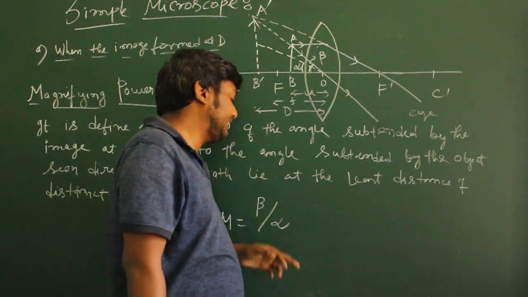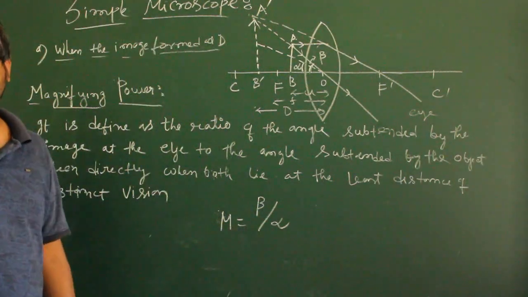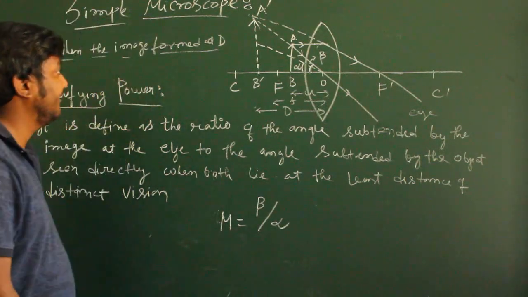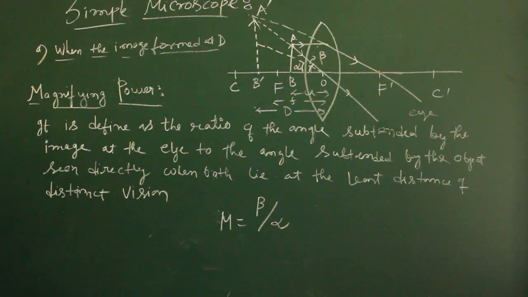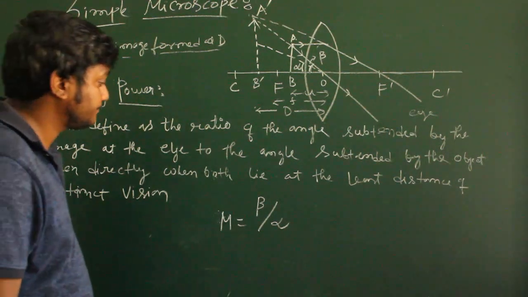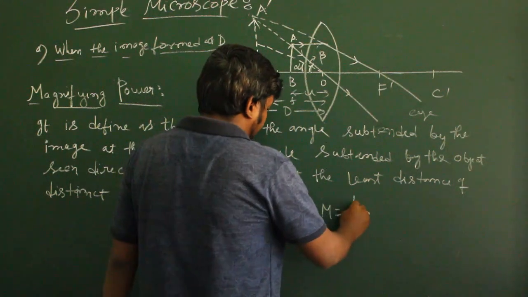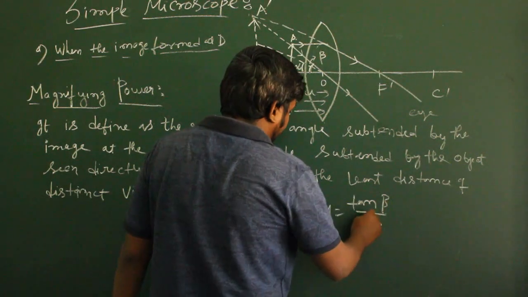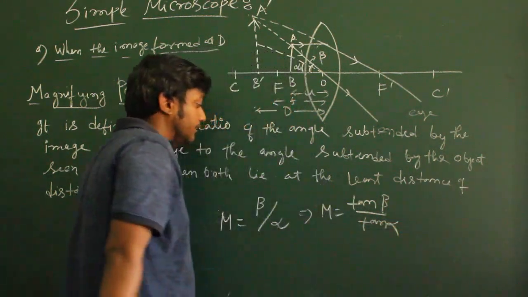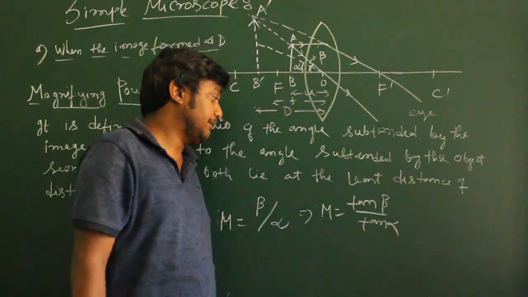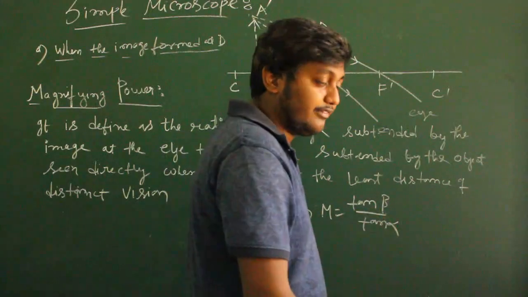Now beta and alpha are very small angles. So we can write M equals tan beta by tan alpha, because for a small angle, the angle is equal to the tan of that angle.